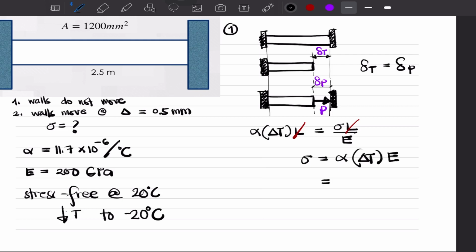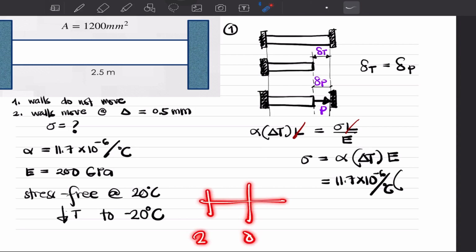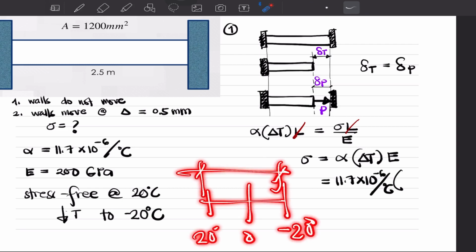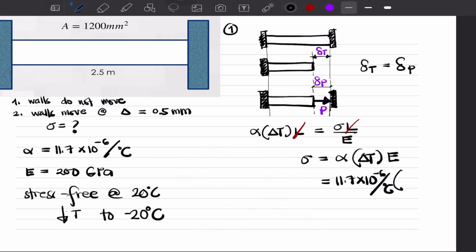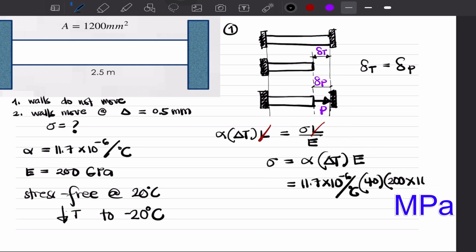This is equal to 11.7 times 10 to the power of negative 6 per degree Celsius times the change in temperature. So, looking at it, 0, 20 degrees, negative 20 degrees, the change in temperature is 40 degrees Celsius. Modulus of elasticity E is 200 gigapascal times 10 cube.